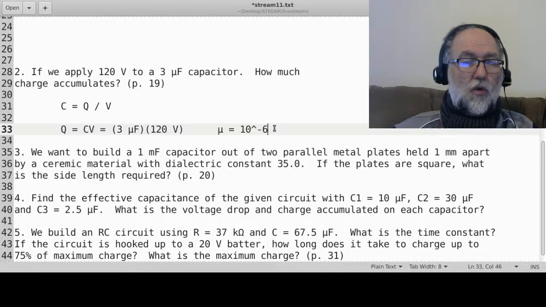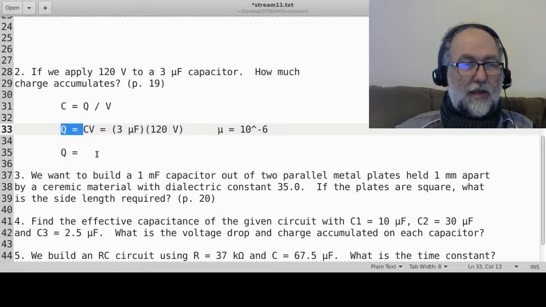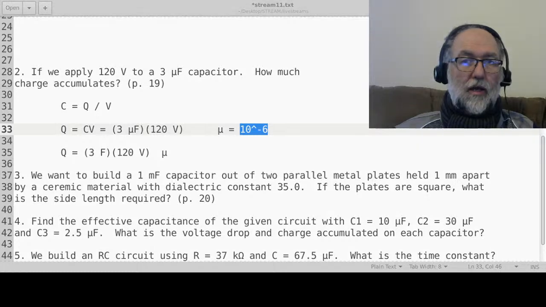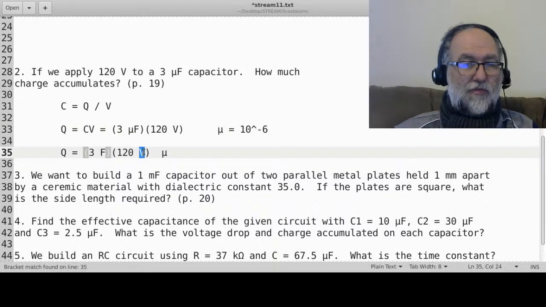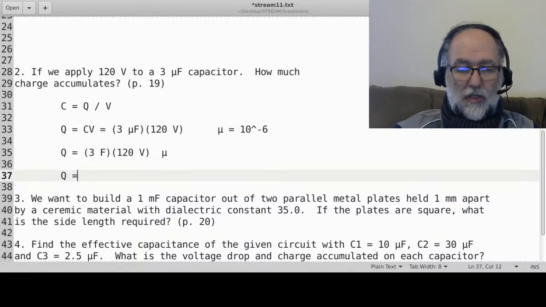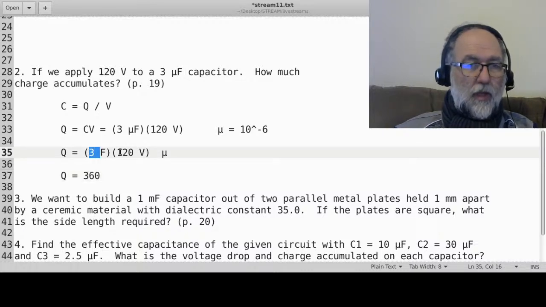So you could just factor out that micro and put it back here. Remember, it's literally just like multiplying by 10 to the -6. Now you have a farad times a volt, and a farad times a volt is a coulomb. And so you're going to have 360. Q is equal to 360, that's the 3 times 120.